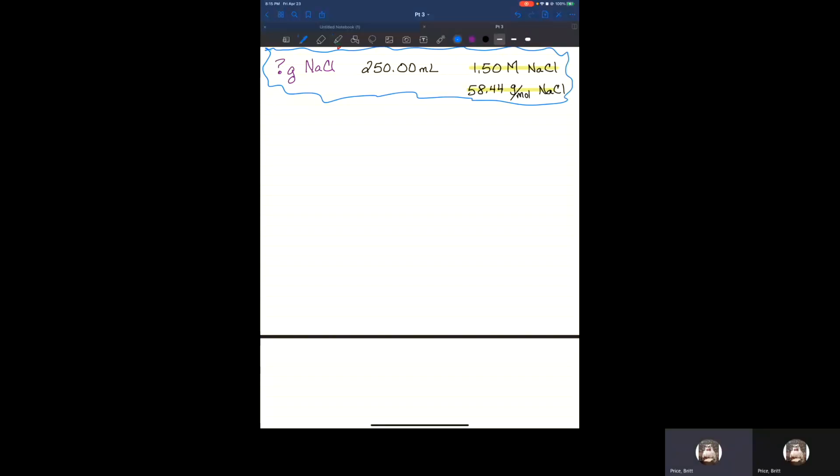Those are unit conversions. 1.50 moles NaCl is 1 liter of solution.